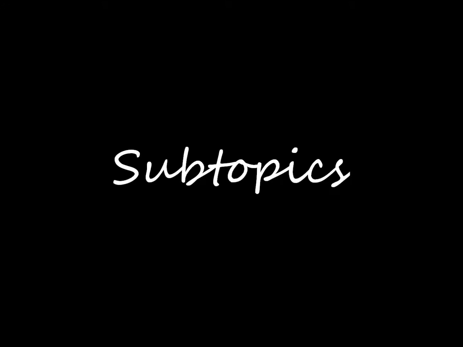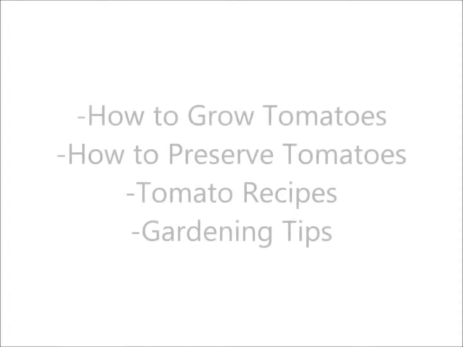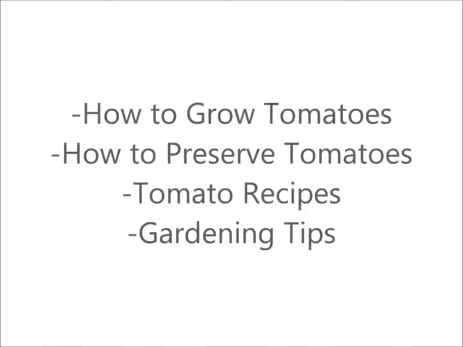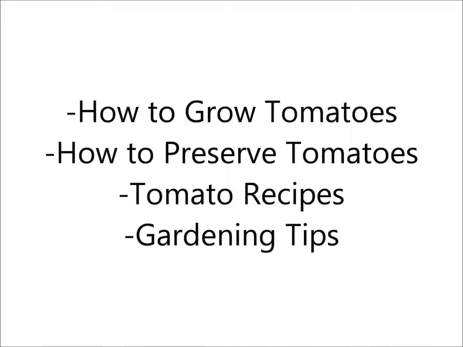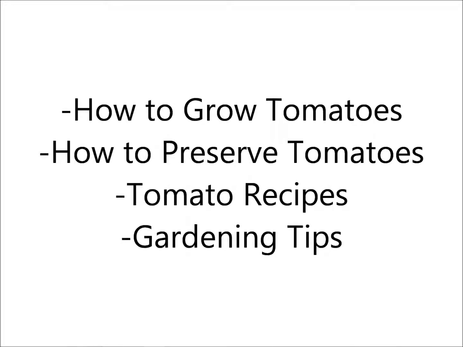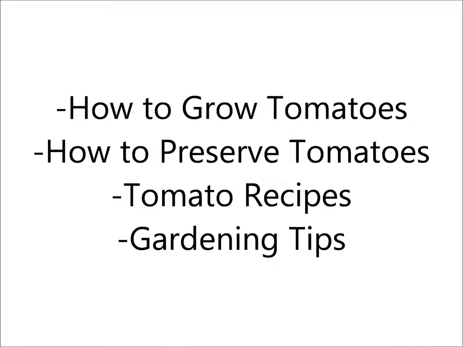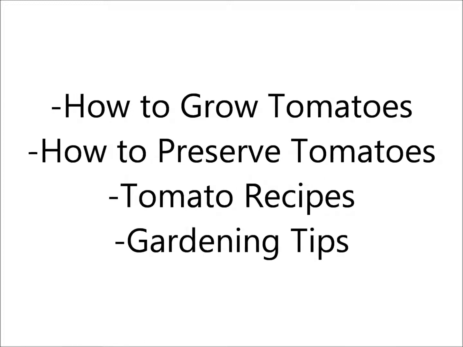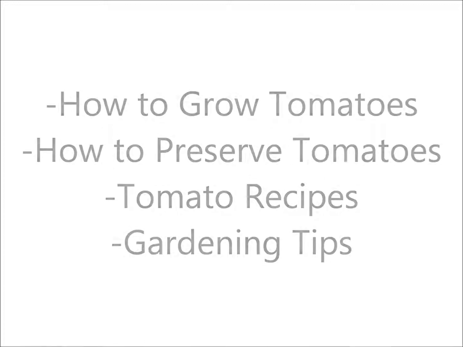Examples could be how-tos or facts about your topic. For my tomato niche, my subtopics will be how to grow tomatoes, how to preserve tomatoes, tomato recipes, and gardening tips. Write down 3 or 4 subtopics in the spaces provided on page 8 of your workbook.